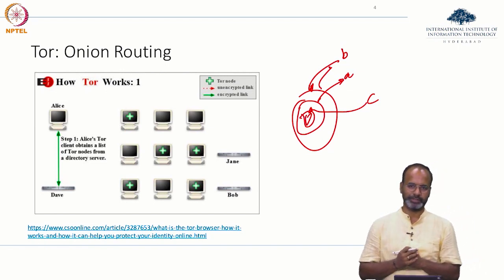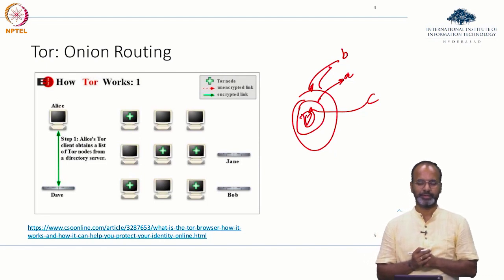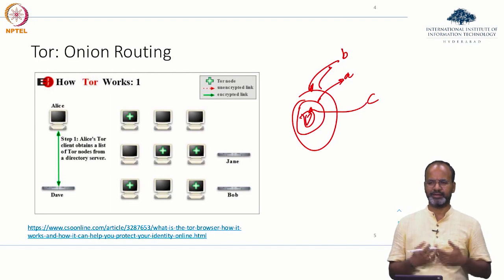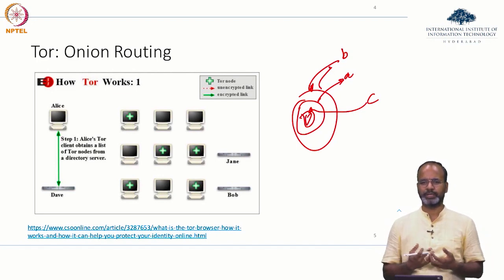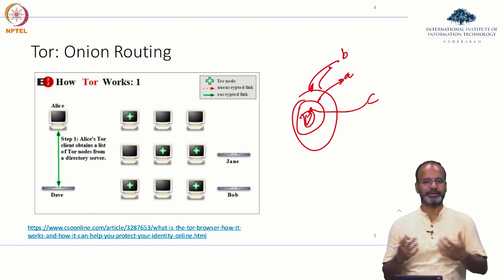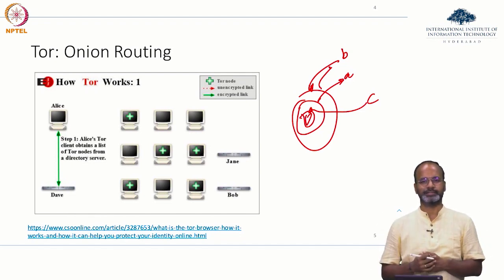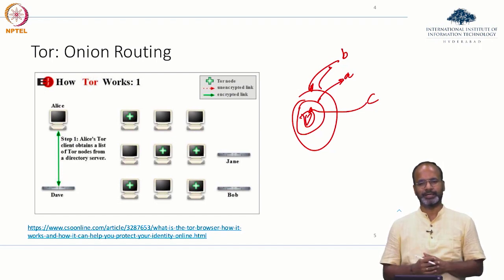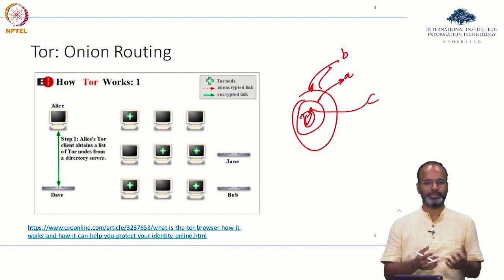And Tor built on this onion routing method to provide anonymization. The primary motivation for these kinds of technologies is journalists, right? Journalists want to sit in some part of the world and share some information with their headquarters, and nobody should know that they are the ones sharing it.